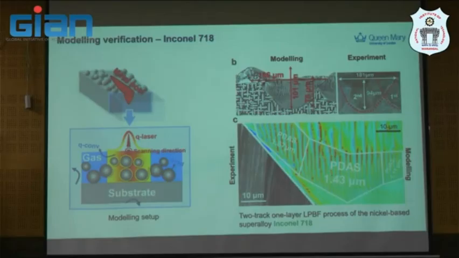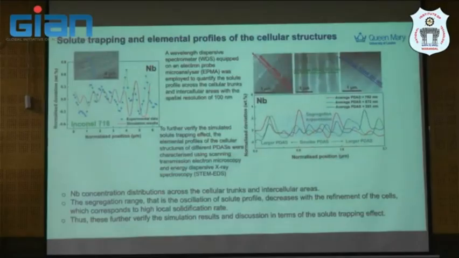And we use this to validate against the wavelength dispersive spectrometer in the electron probe microanalyzer, EPMA, here. You want to validate or verify your model with this segregation profile across this, experiment and simulation, to make sure that your model is predictive enough to do something further.